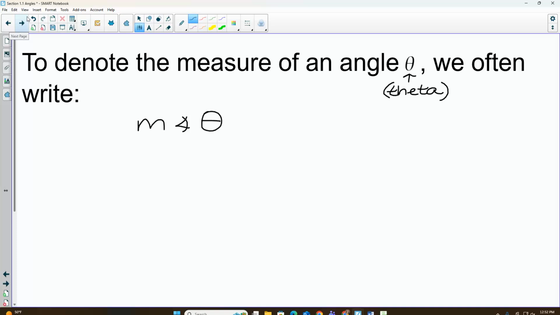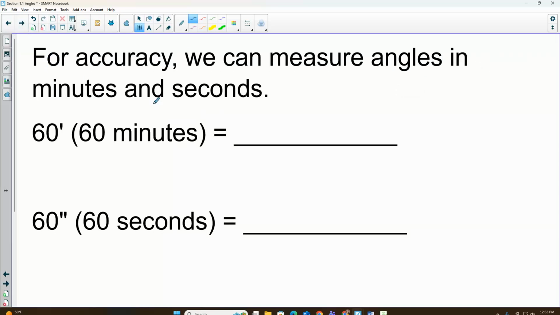If you're talking about navigation, firing a missile, do you want to just round it to the nearest angle? No. If you're talking about surveying property, deciding where the property line is, do we want to just ballpark it? No. These are things that have to be very precise. So you can use decimals, but it's also common to use what's called degrees, minutes, and seconds to be more precise in our measurements.